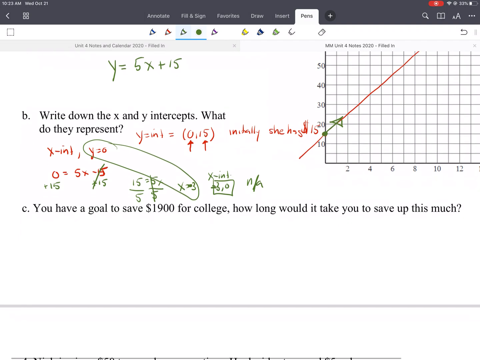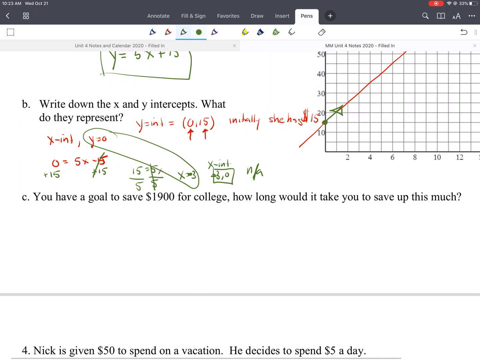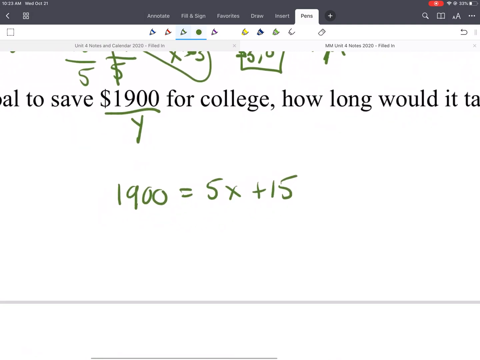All right, so you have a goal of saving $1,900 for college. How long will it take you to save up that much using your equation? Okay, so we want, again, dollars is our y's. So we're going to do 1,900 is equal to 5x plus 15. Right?